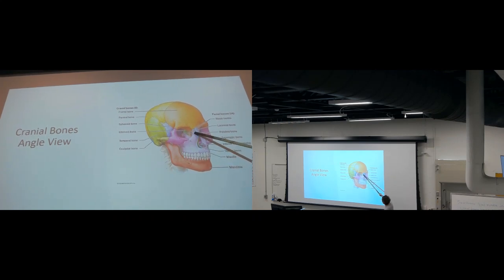And then posterior to this part of the maxilla, we have the lacrimal. And then here, you can see the inferior nasal conchae. This is the nasal cavity. And then this is the vomer. And here we have the mandible and the zygomatic, which are the cheekbones. Any questions about the facial bones? These are just the names, and the cranial bones. Okay.